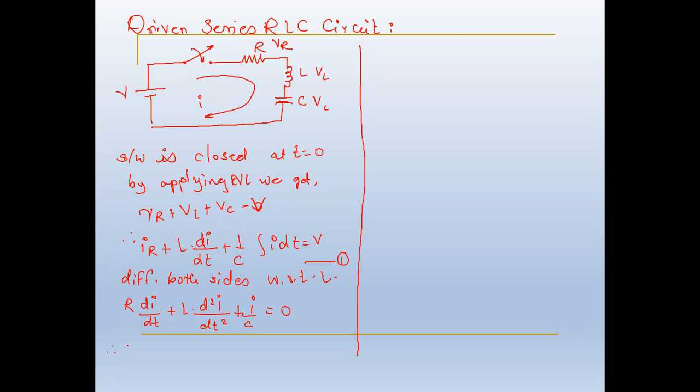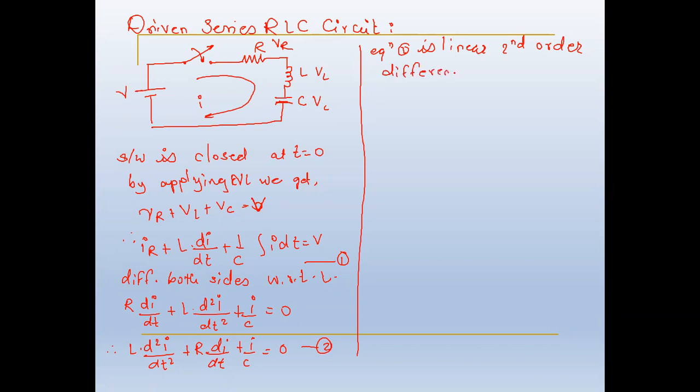Therefore, the equation will be L into d square I by dt square plus R into di by dt plus I by C is equal to 0. Let us call this equation number 2. This equation 2 is a linear second order differential equation with constant coefficients.